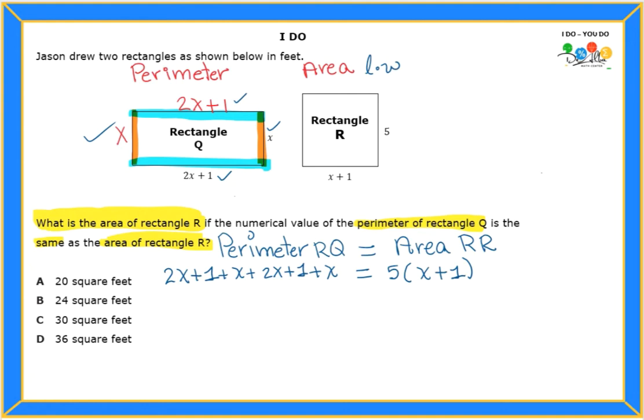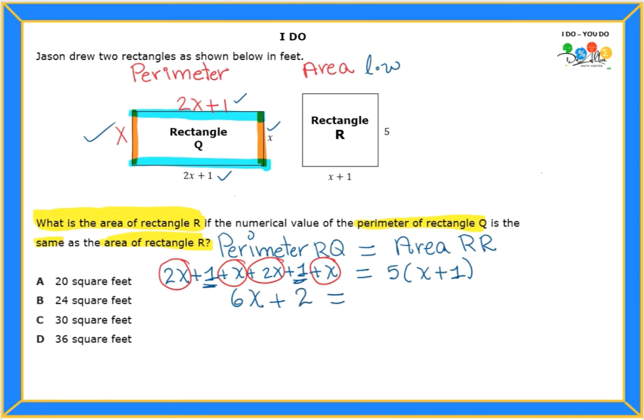For example, I can combine 2x plus x plus 2x plus another x. What would I get if I add up all of that? I get 6x, and one more unit gives me 2 units.